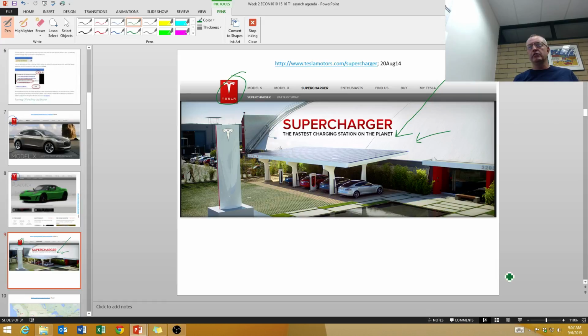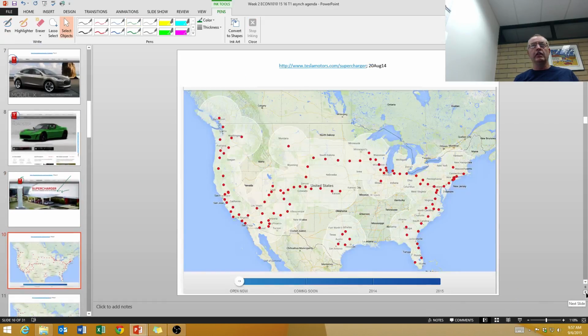So what Tesla is doing is increasing the number of charging stations across North America. And in fact, if you have a Tesla vehicle, these charging stations provide free electricity. It's no-cost electricity at one of these Tesla charging stations.